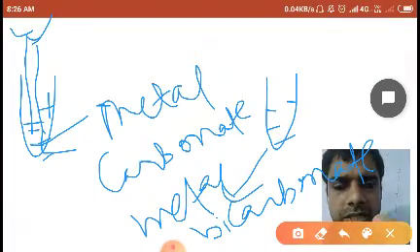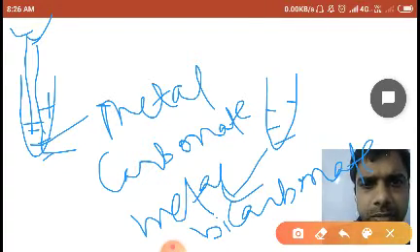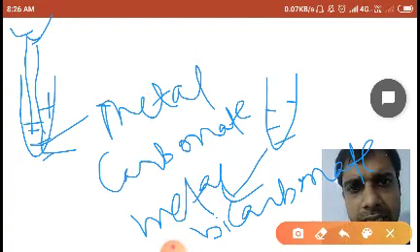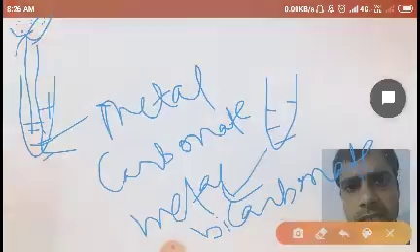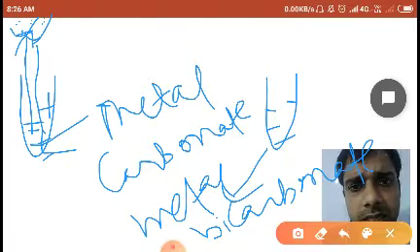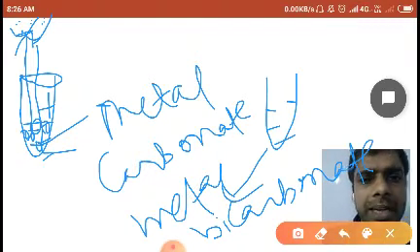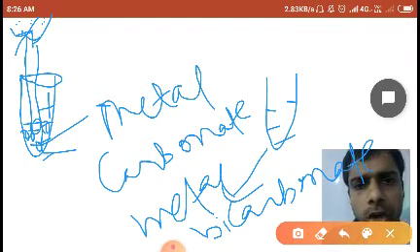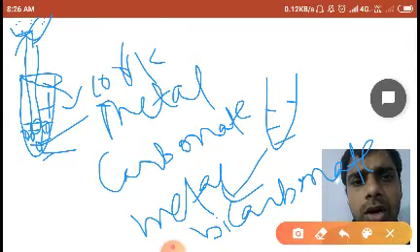This is the arrangement. From the tip of this long tube, I will add HCl through this thistle funnel. So HCl has now come into this one. Now I will close this by making some adjustment, placing a cork into this one.